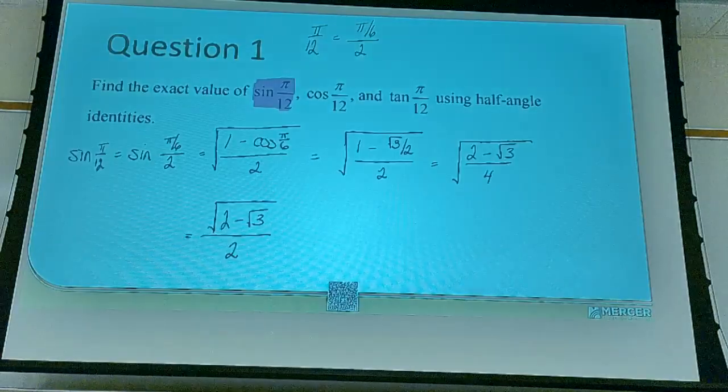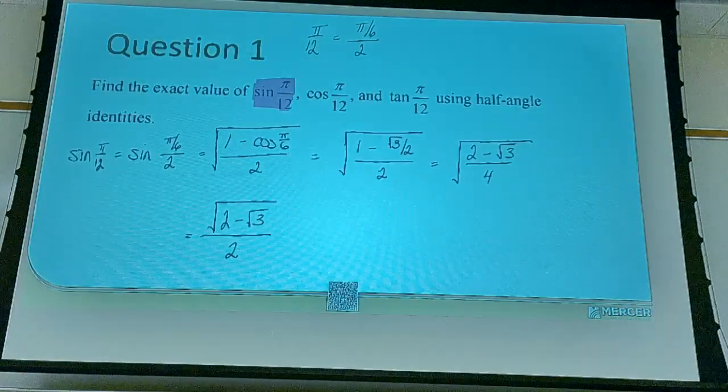But what did we say sine of pi over 12 was on Wednesday? Square root of 3 plus 1 over 2 square root of 2.